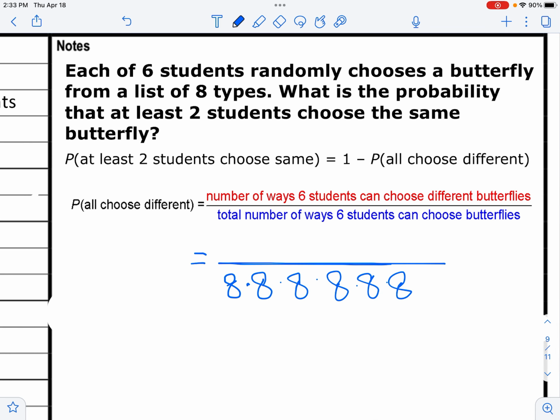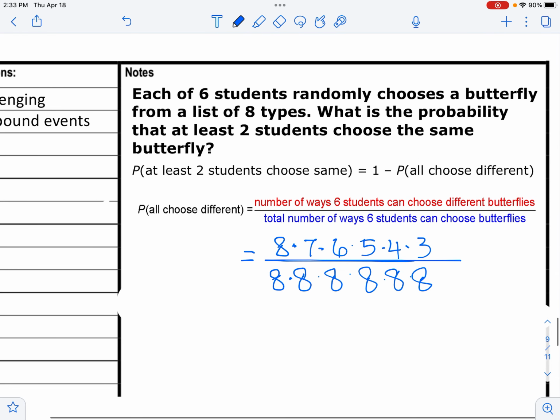Okay, now, how many ways can they choose different ones? Well, if they're going to be different, the first student has 8 choices, the second student has 7, then 6, then 5, then 4, then 3. Okay, now if we do that, I've done this already, so I'm just going to show you.